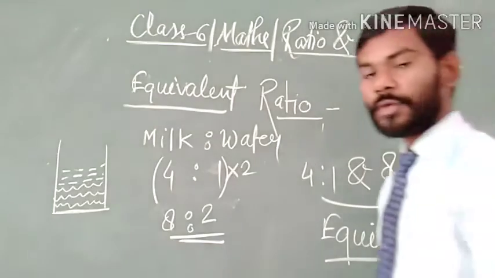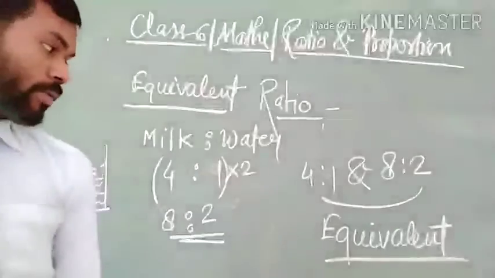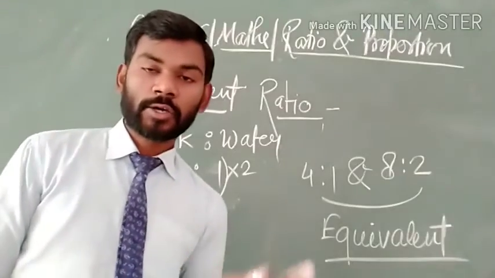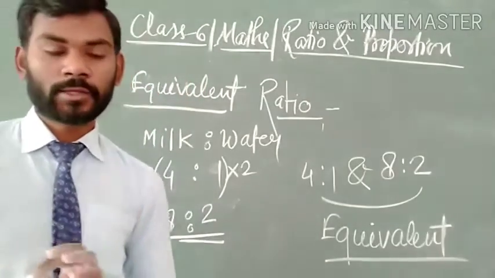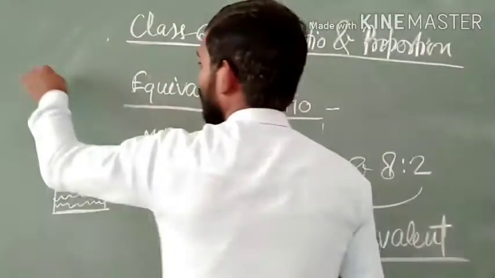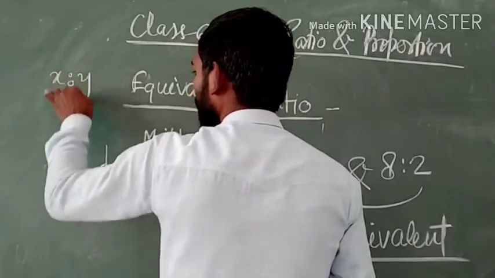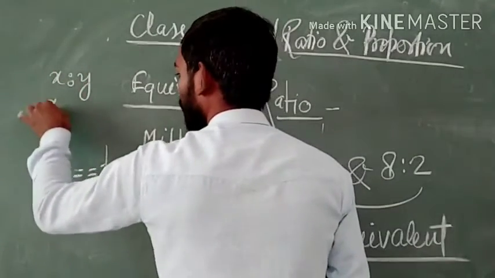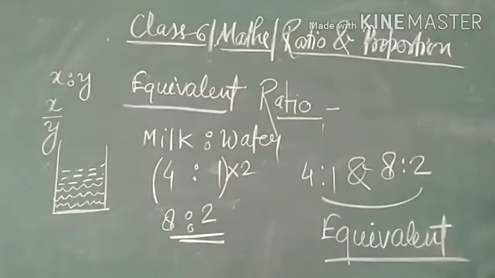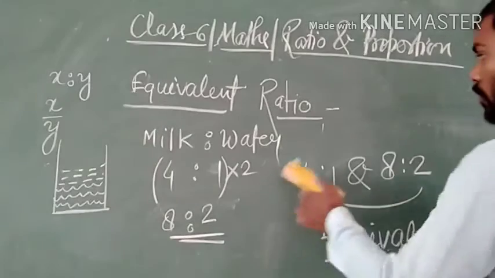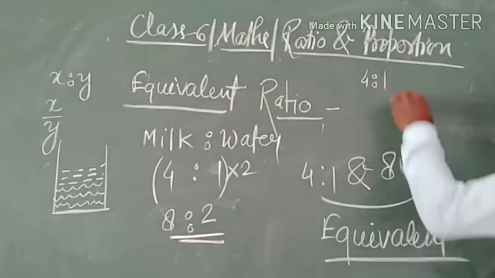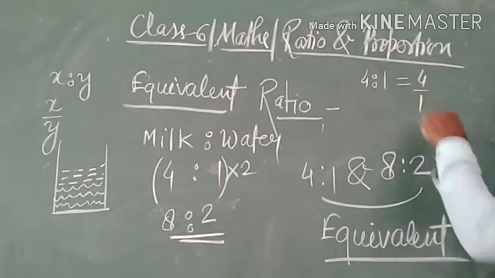If you have any word problem in terms of ratio, you can easily understand it by the concept of fractions also. How? As I told you, x ratio y can also be written as x upon y. Therefore, the ratio 4 ratio 1 can also be written as 4 upon 1.